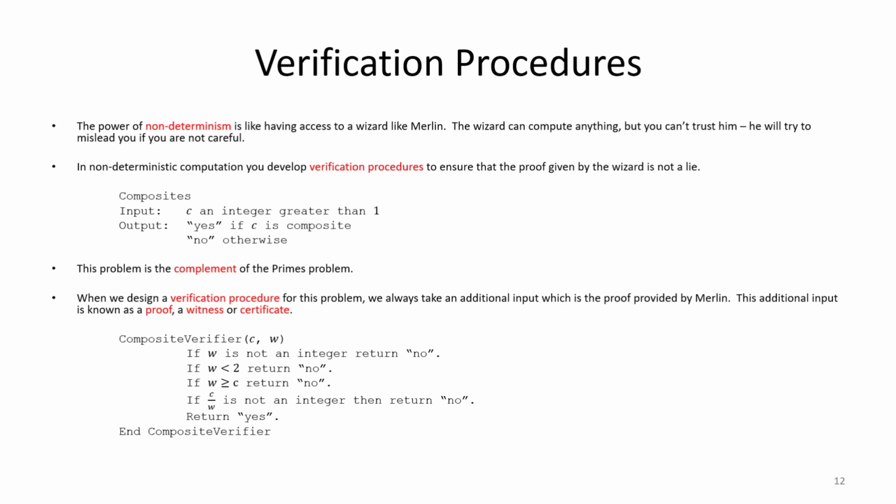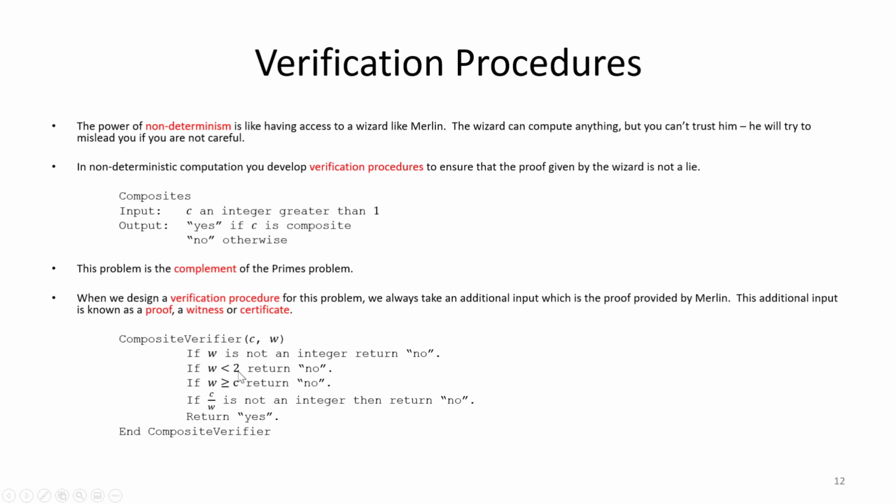And that range that we should expect, of course, is between 2 and C minus 1. Remember, we want to rule out the possibility that they can give us a W that is 1 or equal to C itself. C is always divisible by C, and C is always divisible by 1. Remember, that's the definition of a prime number, only divisible by those. So we want to rule those out. So the actual change that I'm going to make here is that now if you're outside my range, I want to reject you right away.